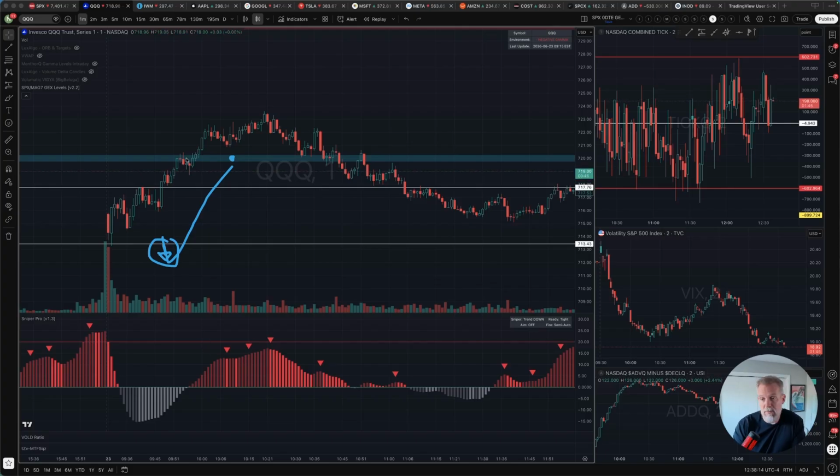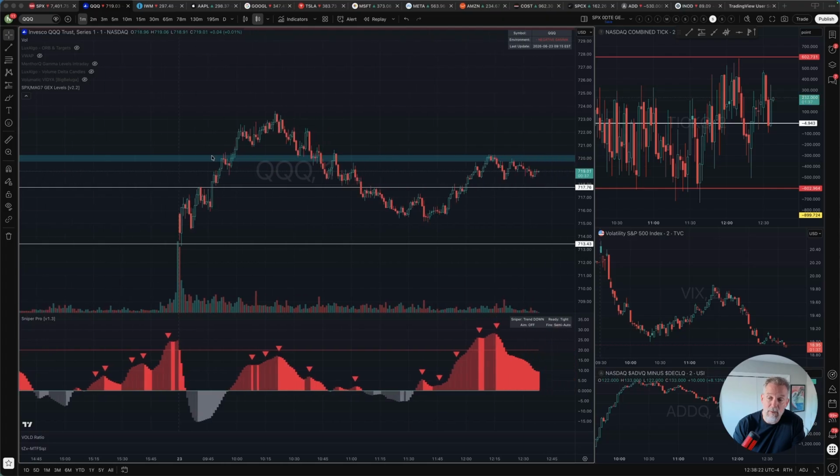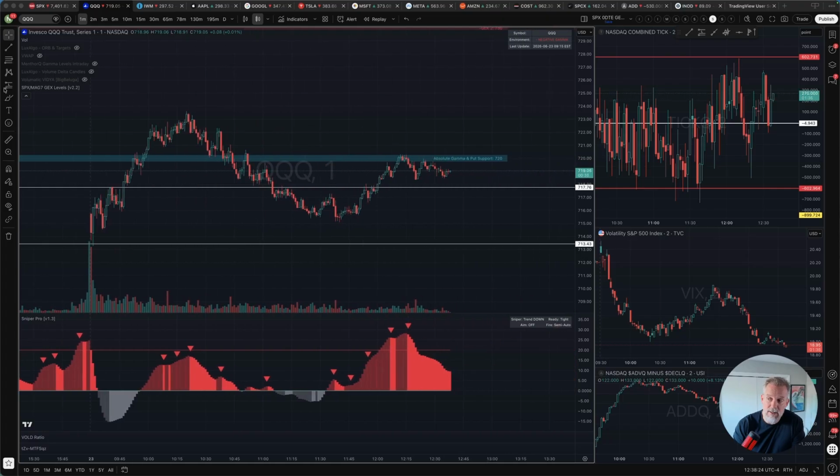It might be a full pullback, and then we're going to bounce and whatever. But it is an area at which we are most likely going to see some gravitational pull, right? So you see that as we pulled down below it, it pulled us back to it. If we pulled up above it, we pulled back to it.